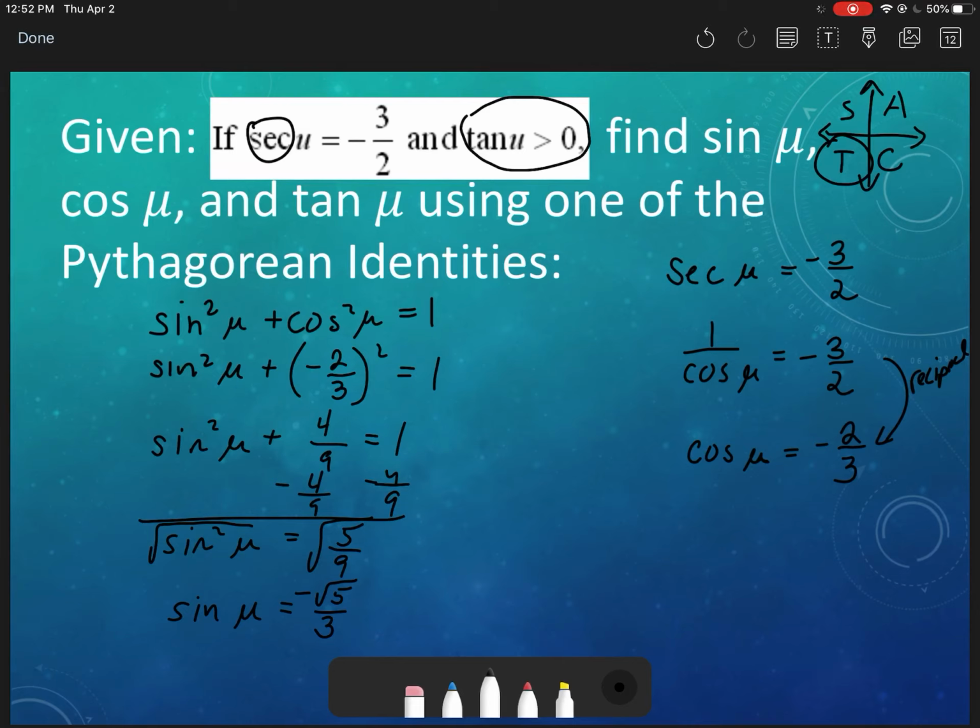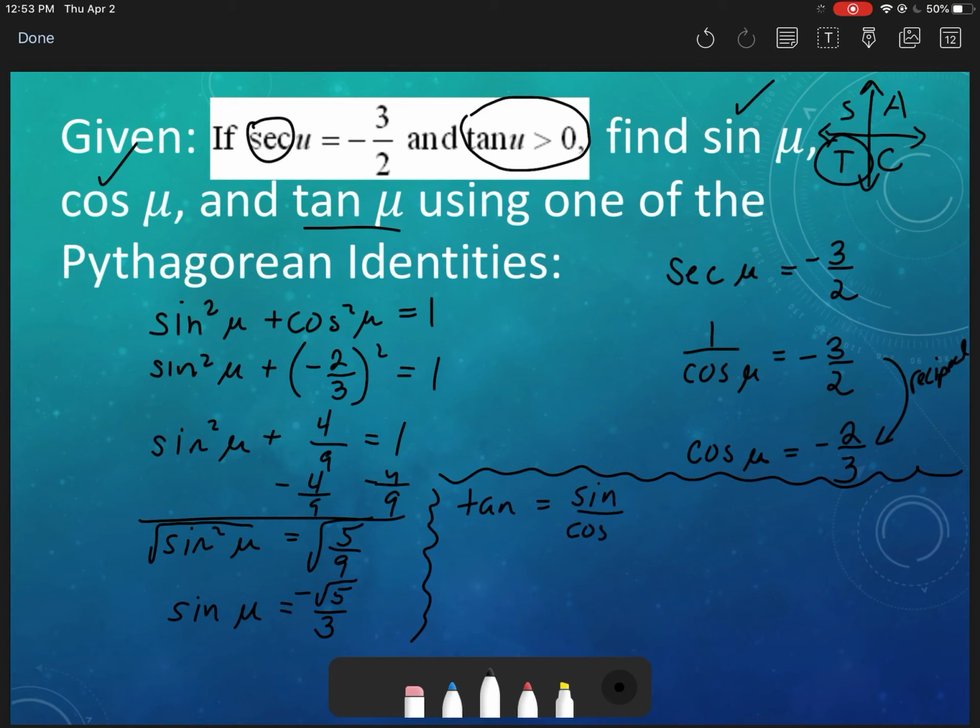Okay, so we found sine, we found cosine. Remember cosine was negative 2/3. And now we want to find tangent. Now remember that tangent is equal to sine over cosine.